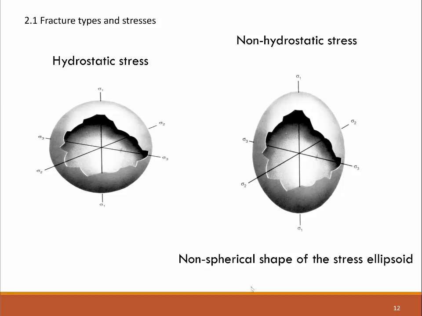What we require in order to achieve deformation are sufficiently large differential stresses, and that means non-hydrostatic stress fields, such as the stress field illustrated by the stress ellipsoid here on the right hand side. Clearly, sigma 1 is larger than the other stress vectors, which appear to be approximately of the same magnitude. So non-spherical stress ellipsoids, that is what is required to cause deformation in rocks.